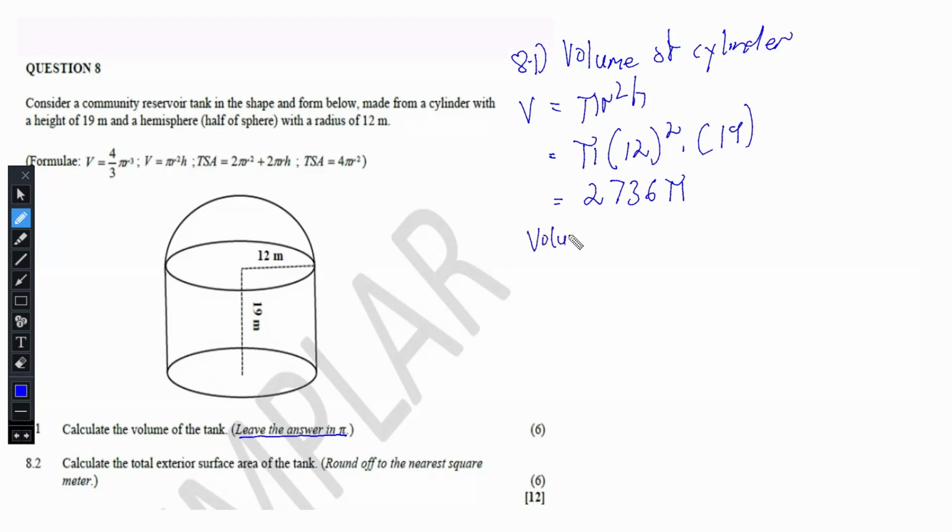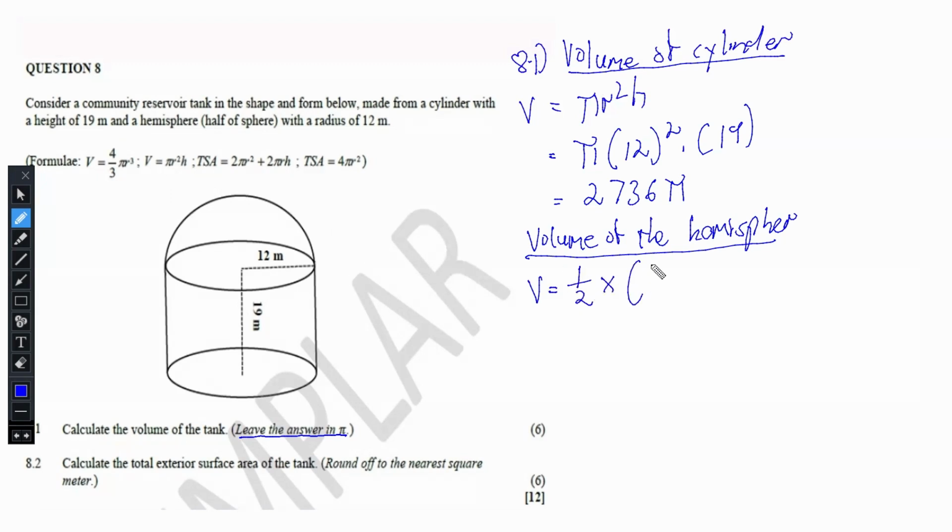Then again, we calculate the volume of the hemisphere. So volume of the hemisphere, we are given the volume of the sphere there. So the hemisphere would have to be half that. So half multiplied by 4 over 3 pi r cube. And then this is 1 over 2 times 4 over 3 pi.